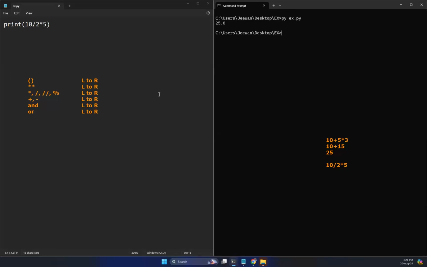Right now, what I just said is that multiplication, division, floor division, and modulus go left to right. But when you have 10 divided by 2 into 5, it gives you 25. What has happened first?